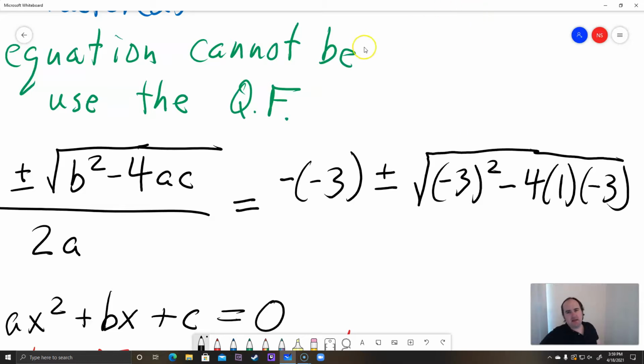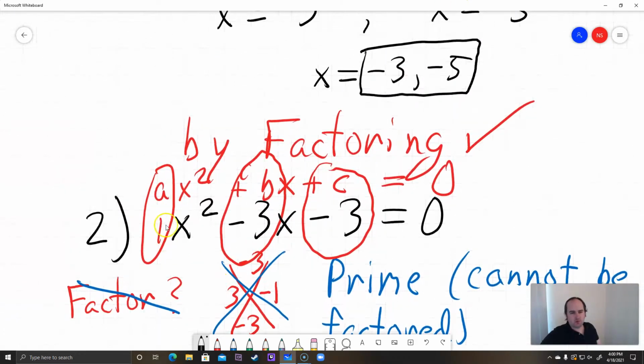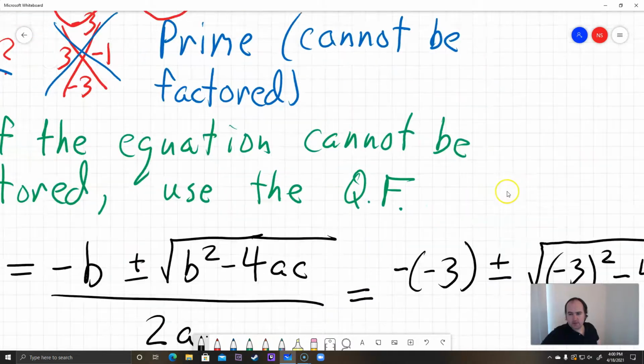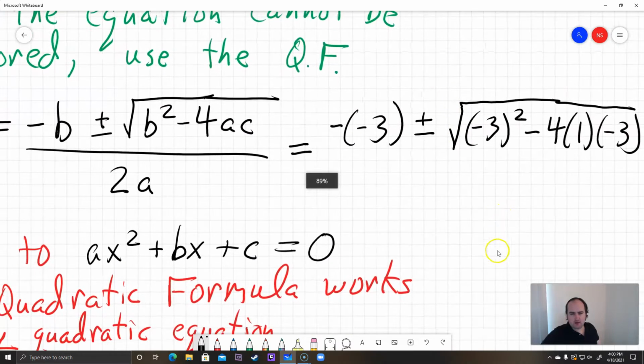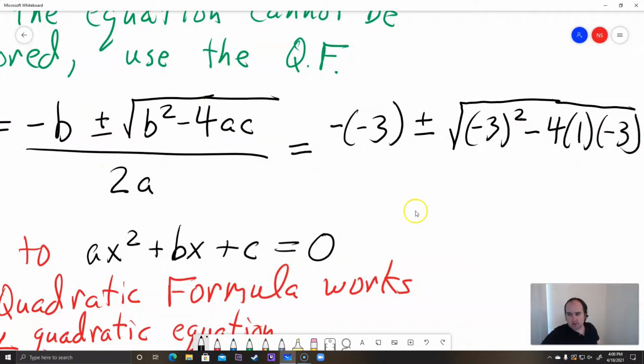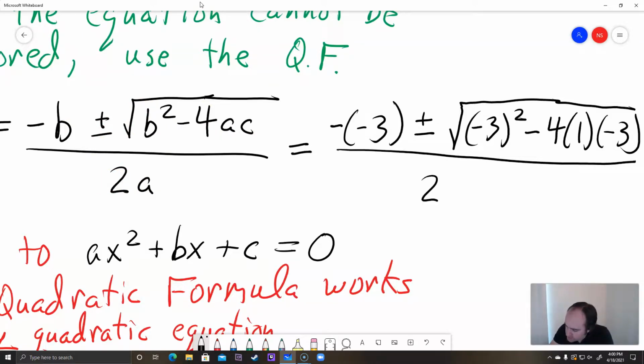Because we said that a in this problem was 1, b was negative 3, and c was negative 3. So I'm just plugging those all into this formula here. And then in our denominator, we have 2a. So that's going to be all over 2 times 1.